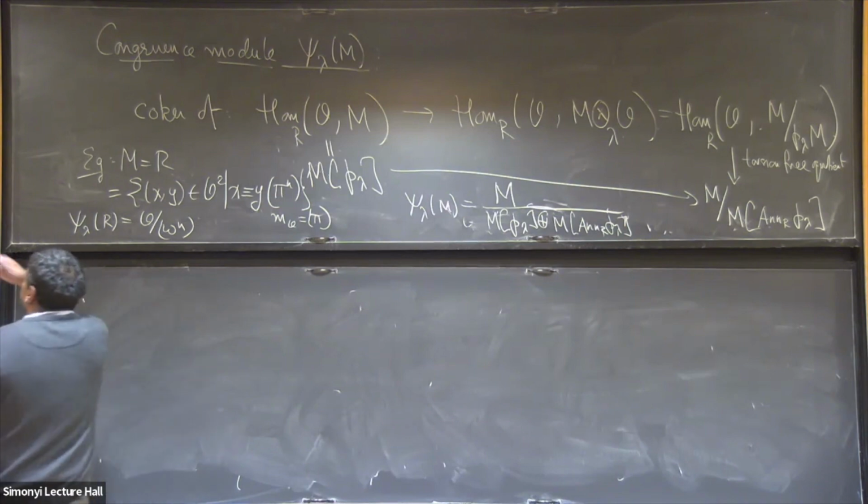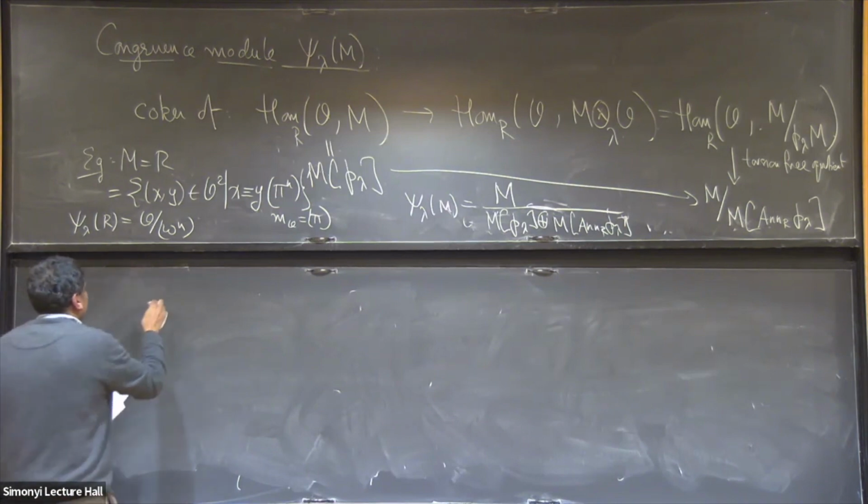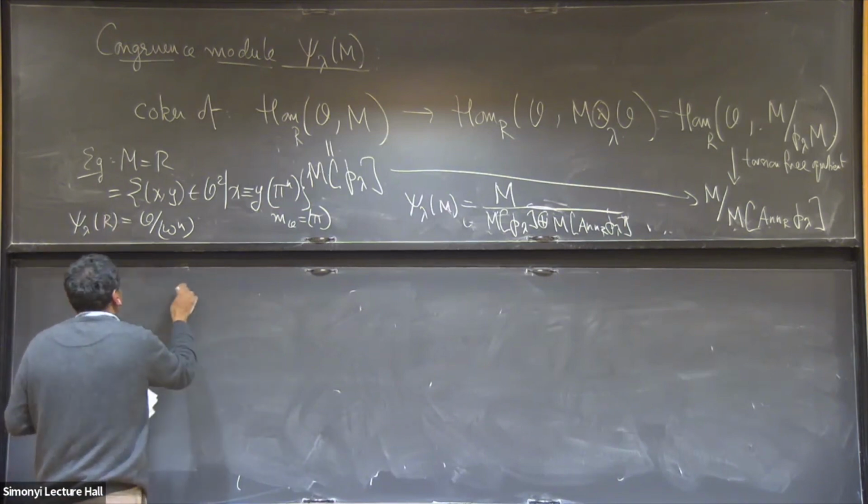And let me assume M is a finite free O module, and R is an O algebra, which I'm assuming.